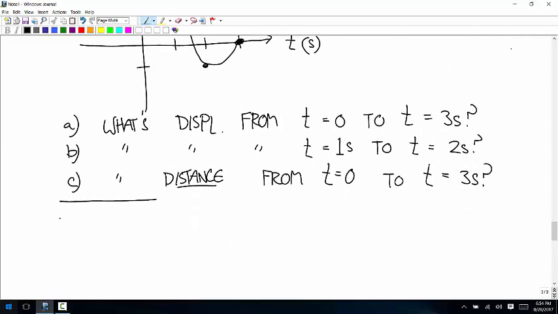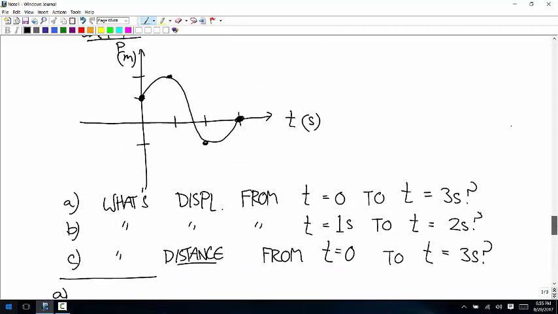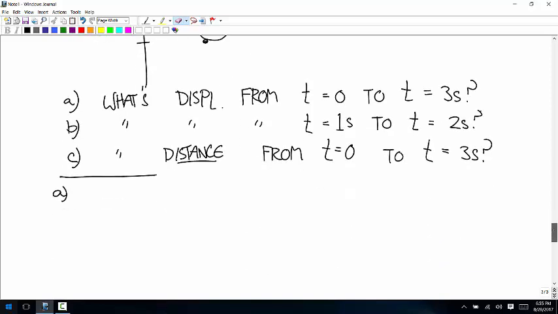Okay, so for A, to calculate the displacement, we want the displacement from 0 seconds to 3 seconds. So what's the position at time equals 0? The position at time equals 0 is positive 1.